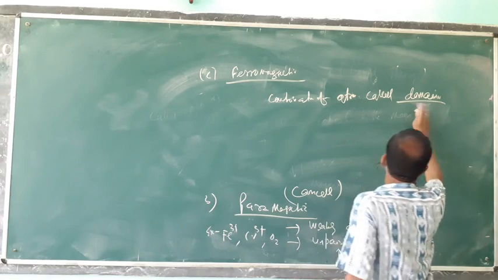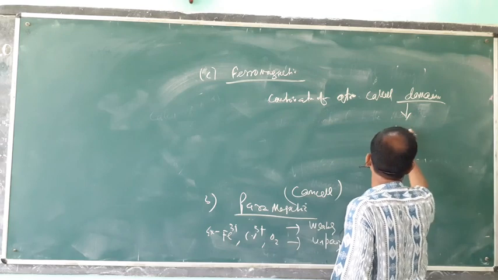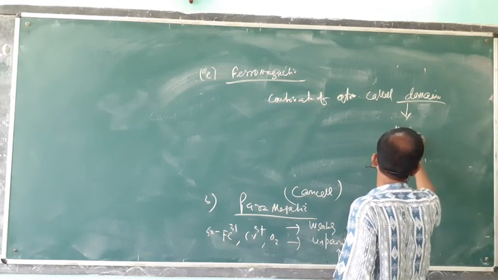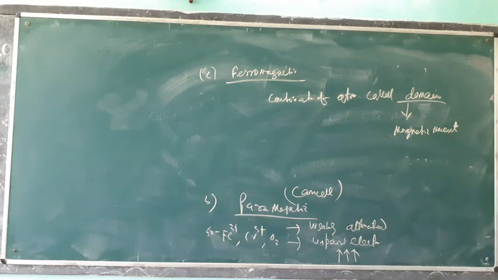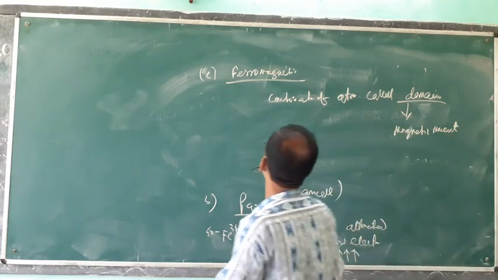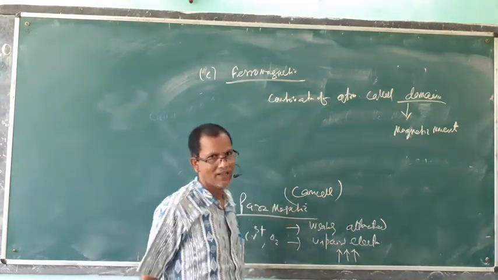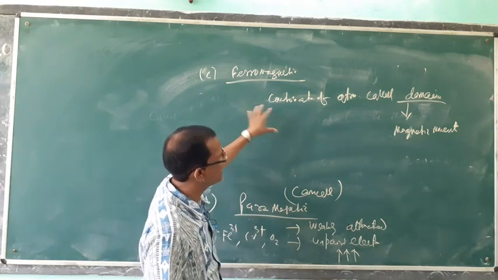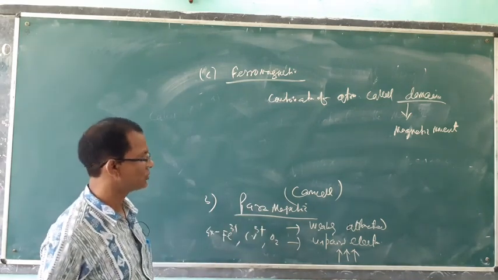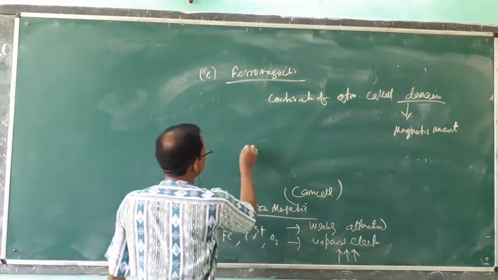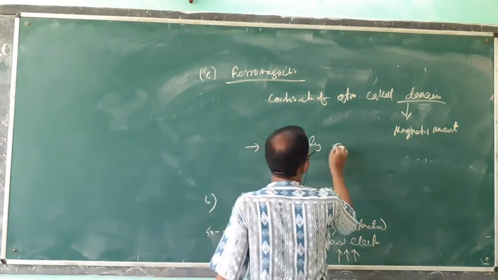Each domain has some magnetic moment. When the substance is placed in a magnetic field near a magnetic source, this type of substance will be strongly attracted. This is the characteristic.